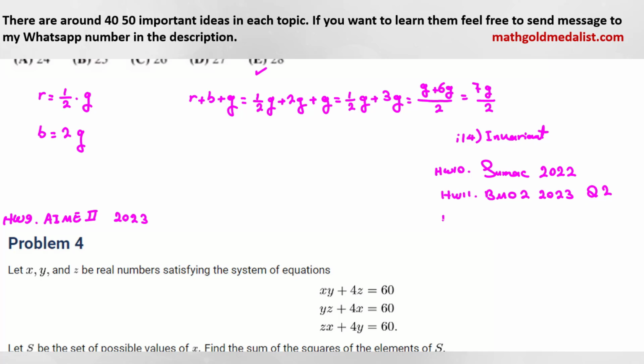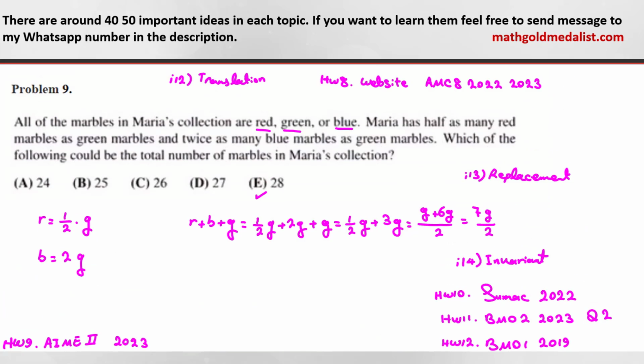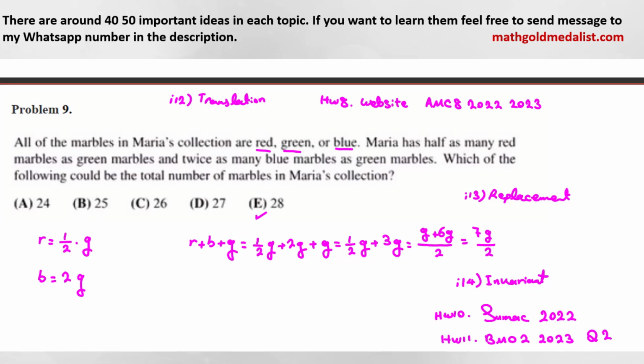And homework 12, if you want to solve more invariant problems, we have again one BMO 1 problem, 2019. Some children are around the circle. And I don't remember the exact problem was what. I can check. So if you want to know exact problems, as I said before, feel free to send message to my WhatsApp number in the description. So we solved homework problem 9.